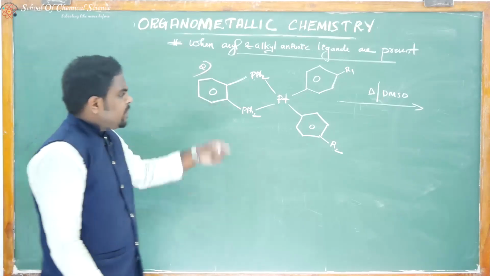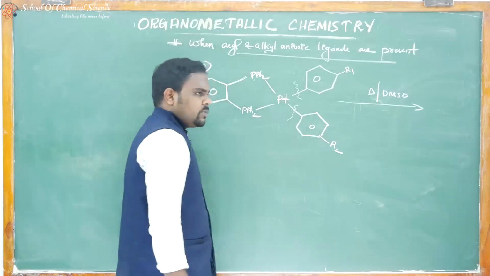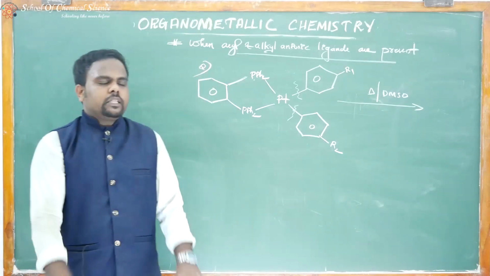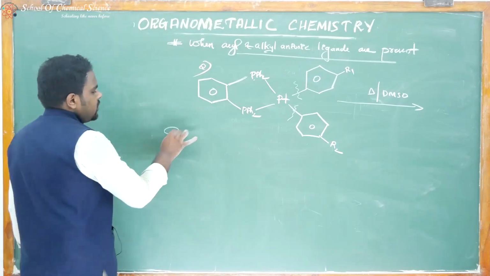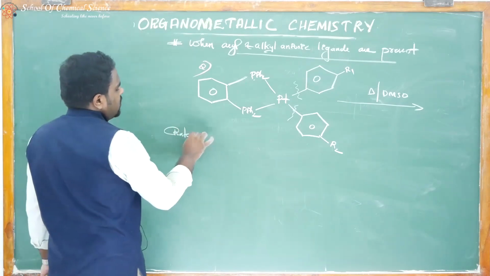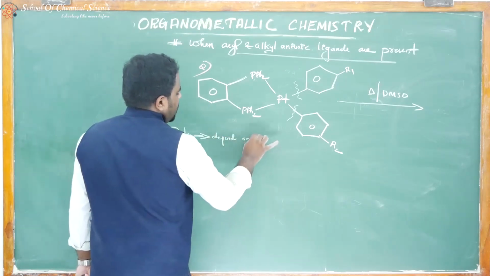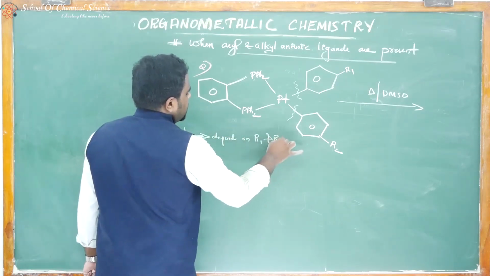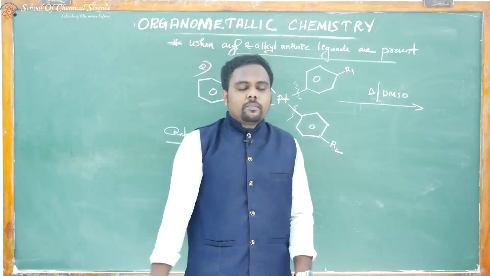Here both are sp2. So definitely elimination will be of these two rings, because both are sp2. There is no sp3. Then my question, you have to compare the rate. The rate depends on R1 and R2, these two substituents at the para position.